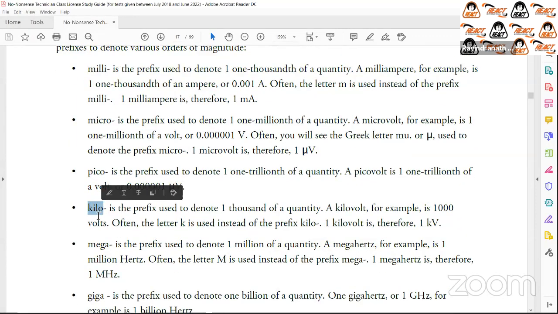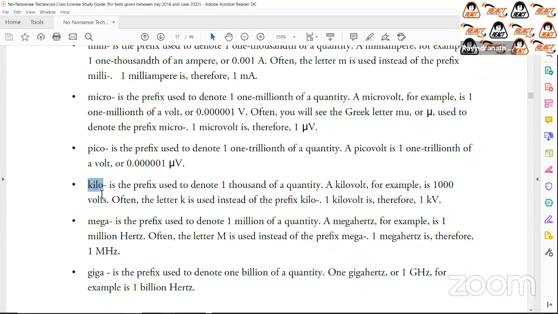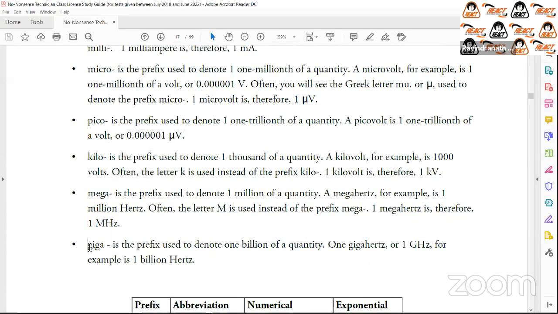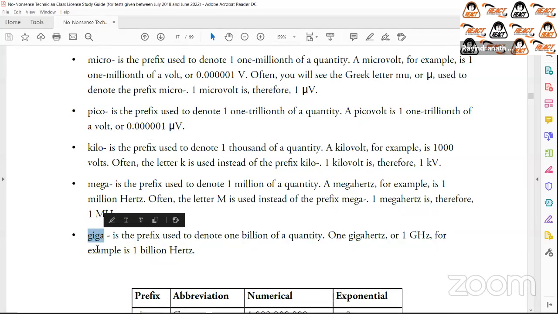And if we are driving any distance in a vehicle, we may say it is 10 kilometers, right? And then we have the mega quantity, mega, right? And when we have another larger yet still multiplier, giga, all right?